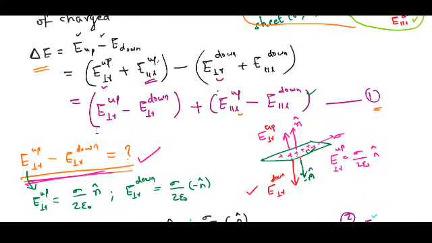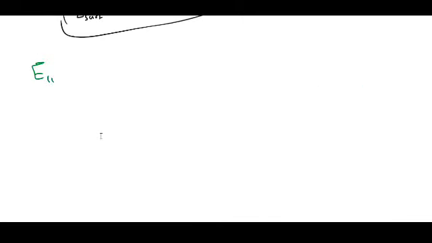Okay, so far we have calculated this value only in expression 1. Next we have to calculate E parallel up minus E parallel down. We need to calculate the value of this one.